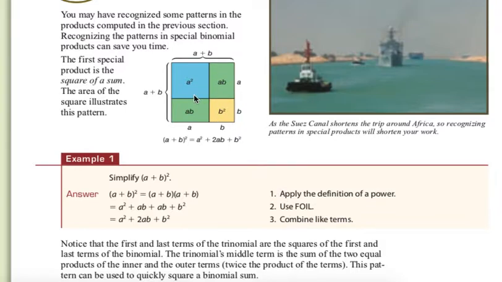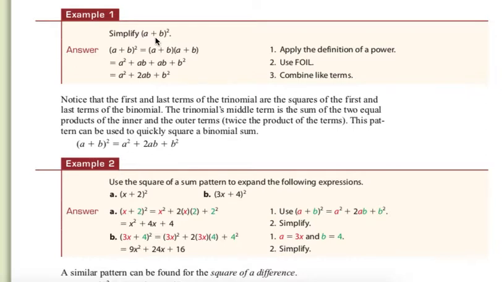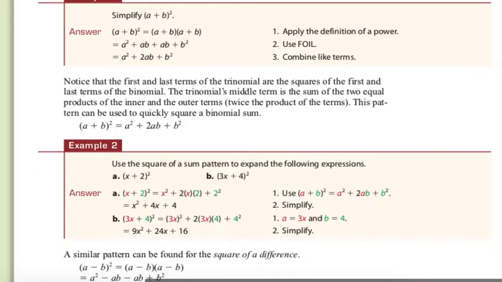So first term squared, then you're going to take the two terms, multiply them together, and then multiply it by 2, and then add the last term squared. And that's this right here. So again, it's called the square of a sum, a squared plus 2ab plus b squared. Let's look at example number 1. a plus b squared. Oh, well, that's how we get the formula.